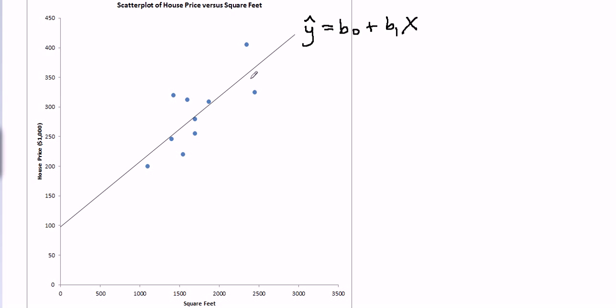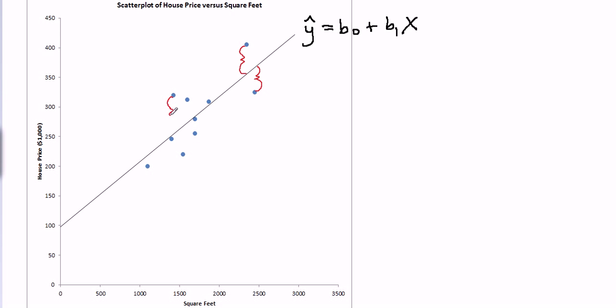So since we're confined to a line, the best thing we can do is to get as close as possible to all the points. So I'm going to draw little brackets from each of these points to this line. These brackets are just emphasizing the vertical distance between each of the points and the line. This particular one is below the line, so this has a negative distance. This one has a positive distance.